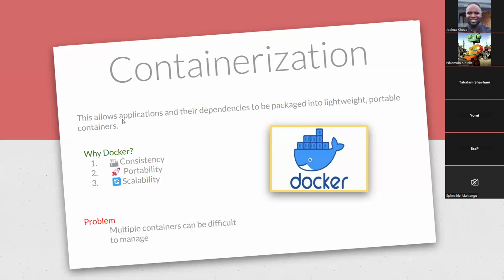If this specific application is built and packaged into a container, it's going to run the same way and behave the same way across all the environments. This helps us minimize the problem of it running on my local but not running on the AWS test environment or any other platform. We minimize all those troubles and make sure that if it can run on your local, it can run on any other machine and any other cloud platform.